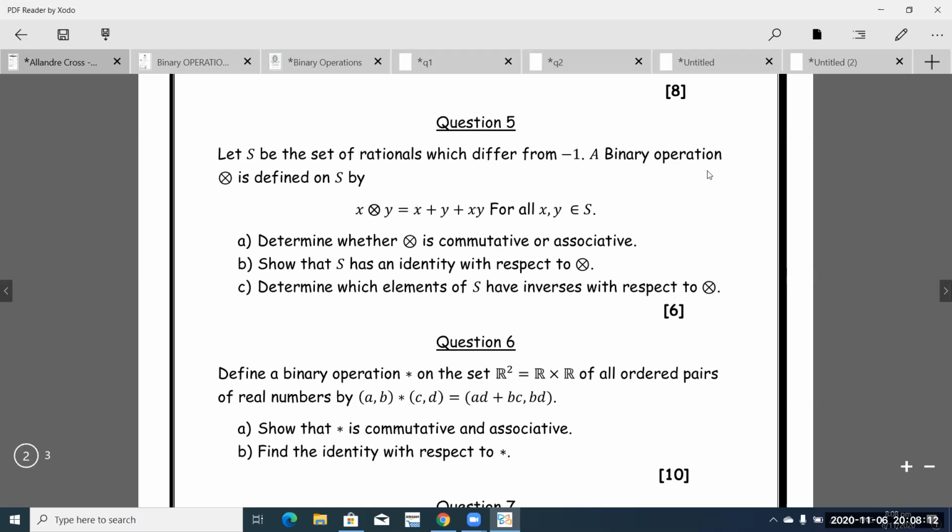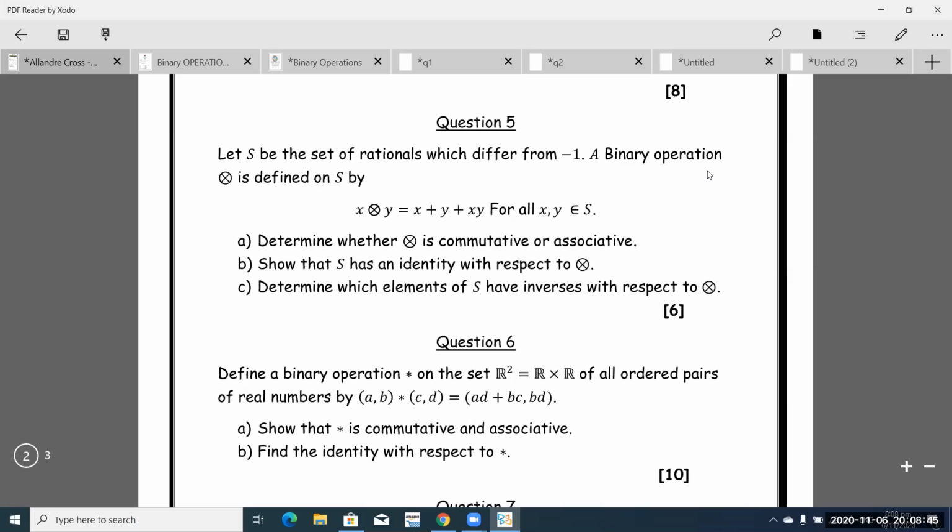Question 5. So they said, let S be the set of rational numbers which differ from -1. A binary operation is defined on S, where S represents the set of rational numbers which differ from -1.